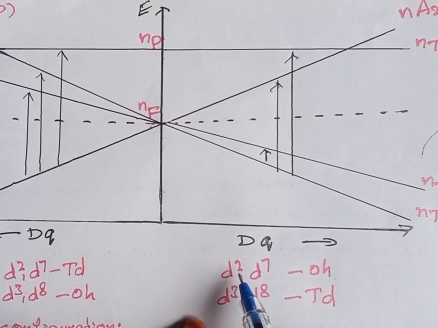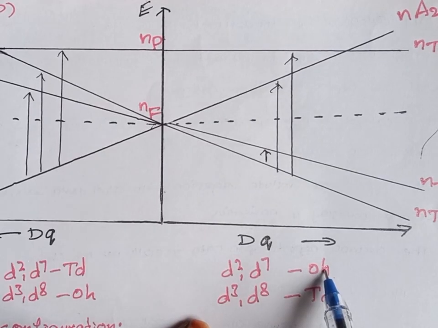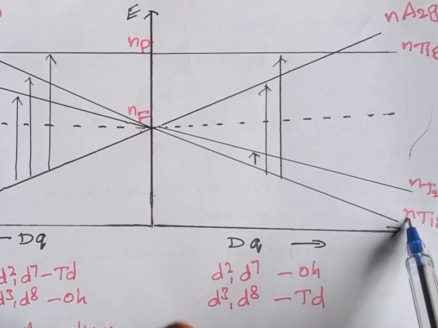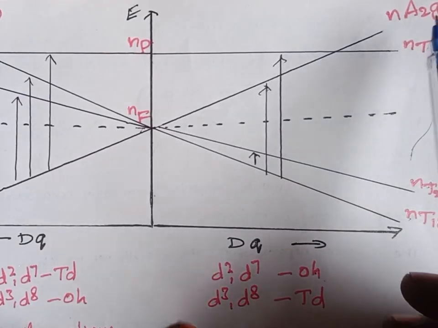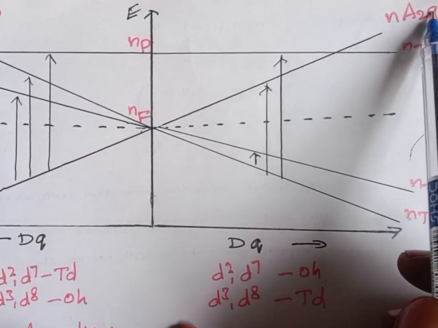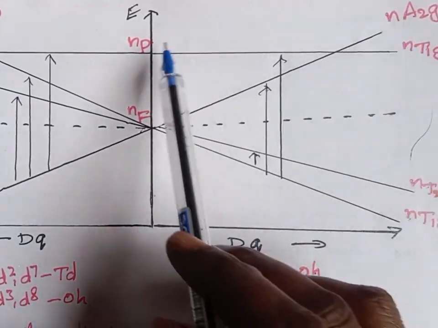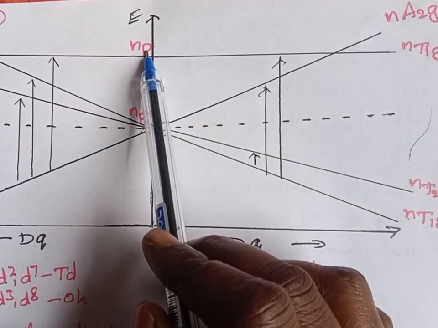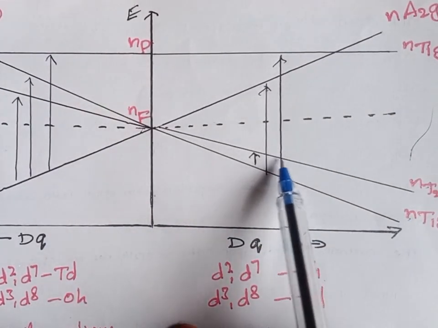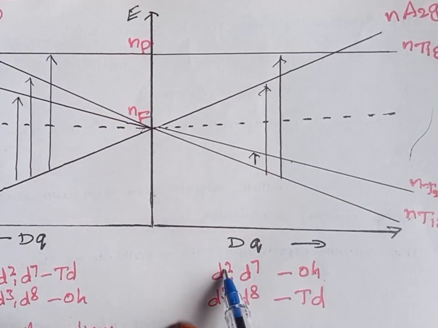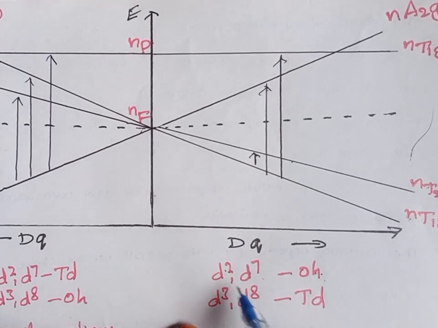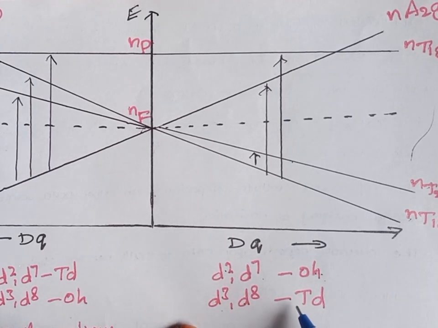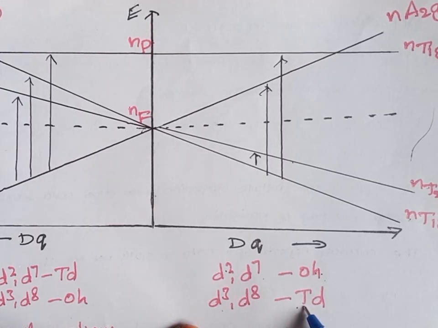So what we have discussed, D2 octahedral, we already discussed, right? T1G is the lower energy level, T2G is the next higher energy level, and A2G is the highest energy level, and this T1G is from the P term, right? So 3 transitions will occur. If it is D2, D7 octahedral, its whole reverse configuration is D8, D3 tetrahedral splitting, right?